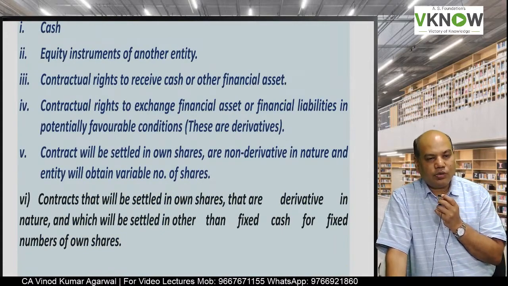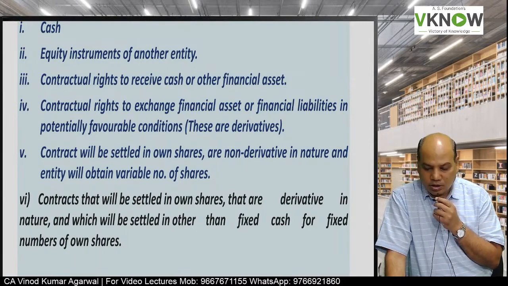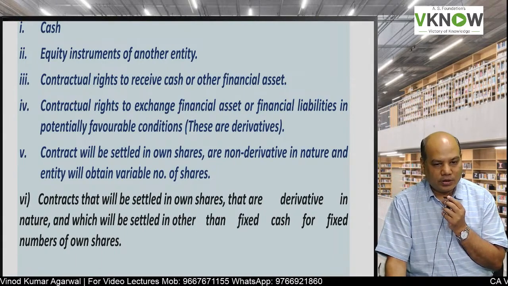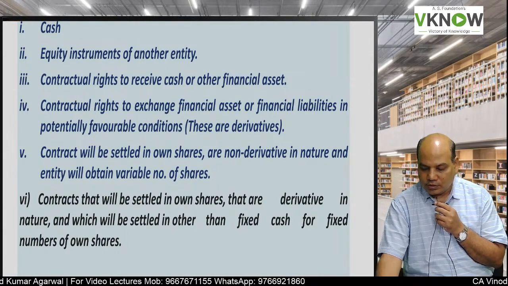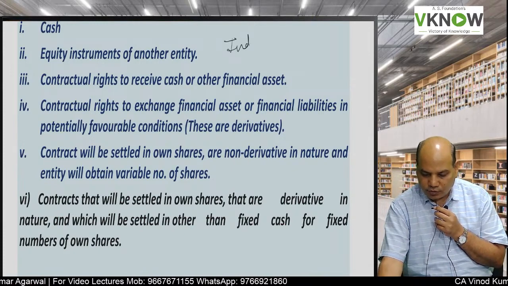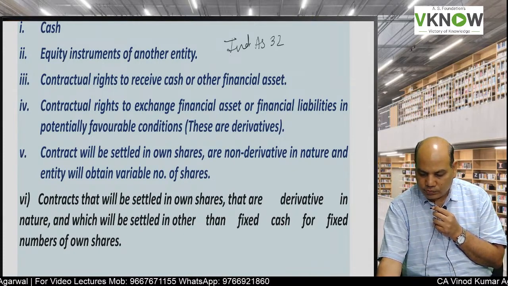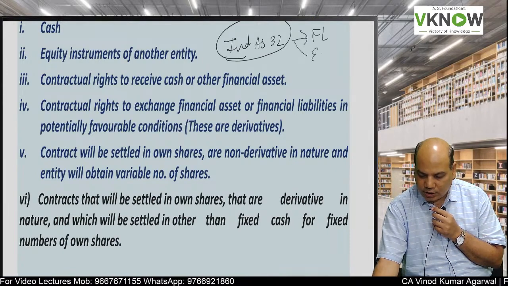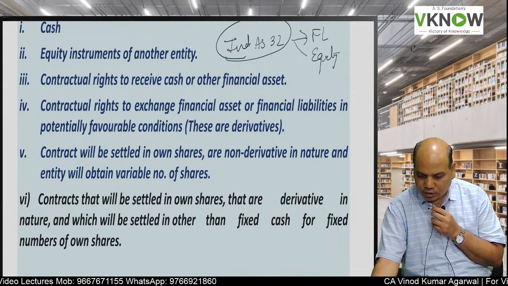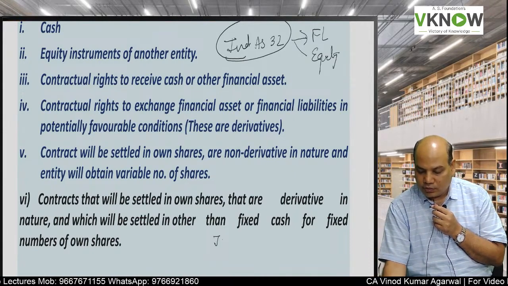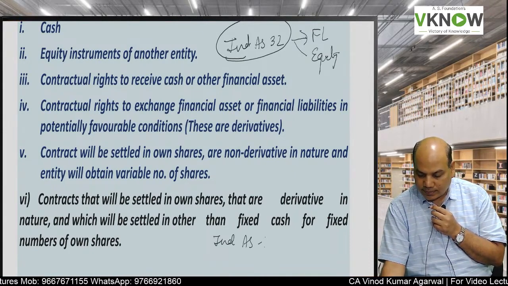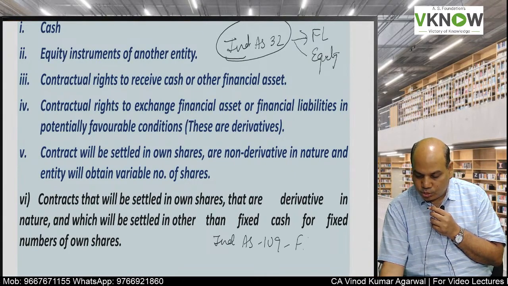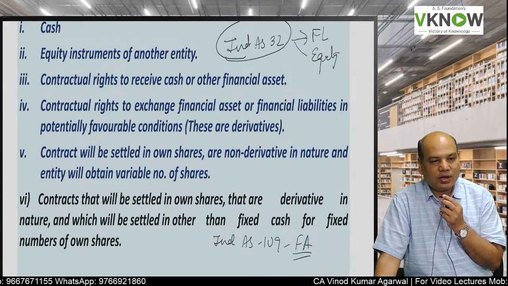So this was about financial liability and equity. Now we'll deal with what is financial asset. Just for your information, in Ind AS 32, the major focus is on financial liability and equity, and in Ind AS 109, the focus would be more on financial asset.